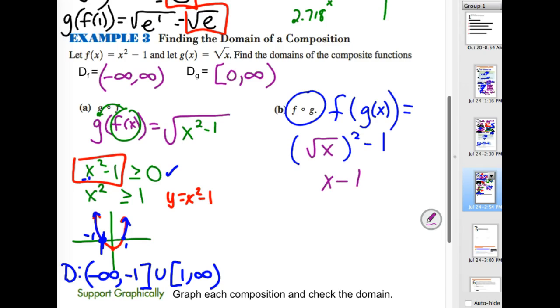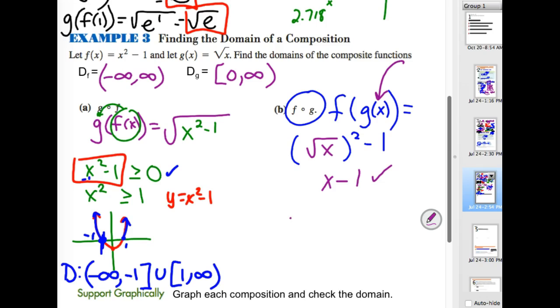But we do have to look at the domains from the original functions. Okay? When we do a composition, we need to look at restrictions on the inside function, what we're dumping in, and then restrictions on our final answer. Well, our final answer doesn't have any restrictions here, but g of x did.